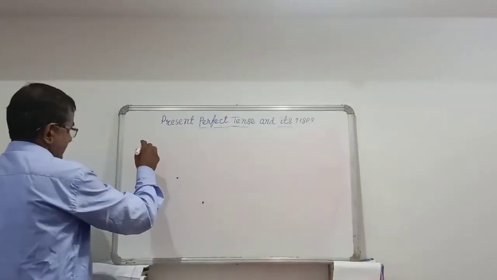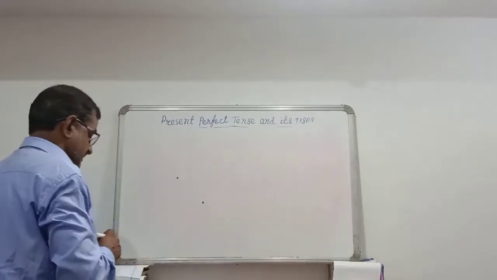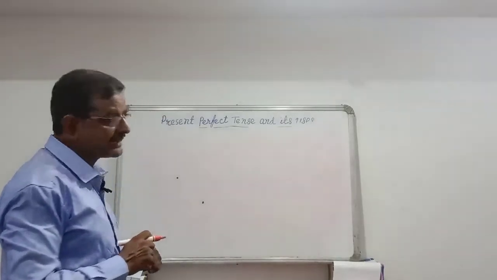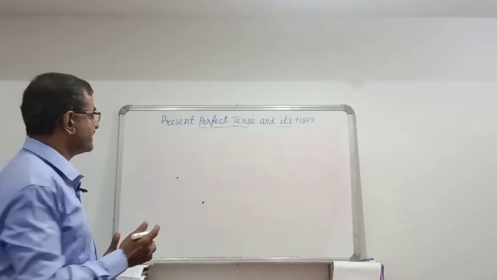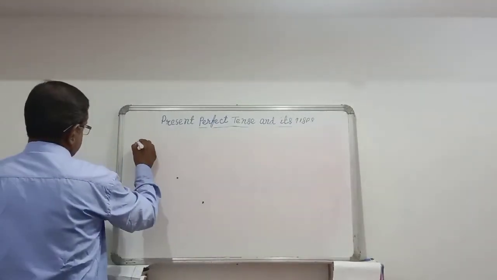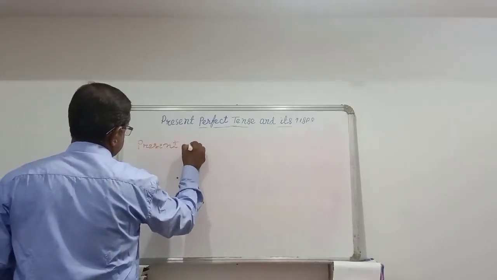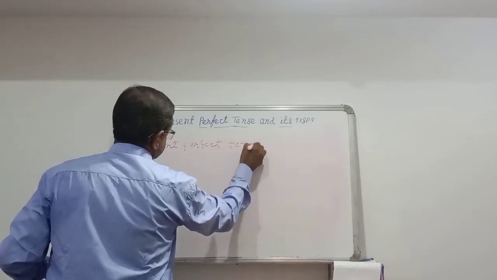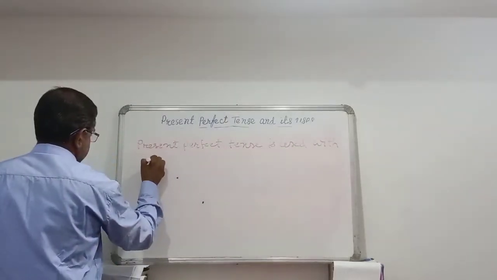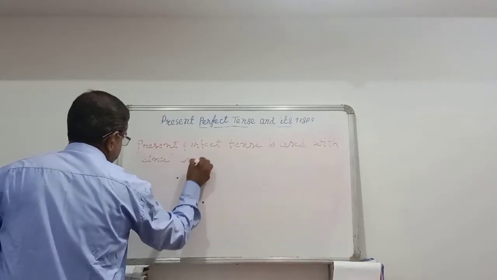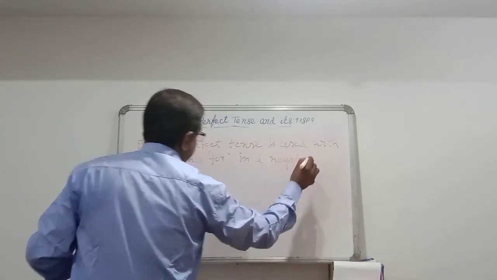And another use of present perfect tense is that it is used with since and for in a negative sentence. You can write: present perfect tense is used with since and for in a negative sentence.